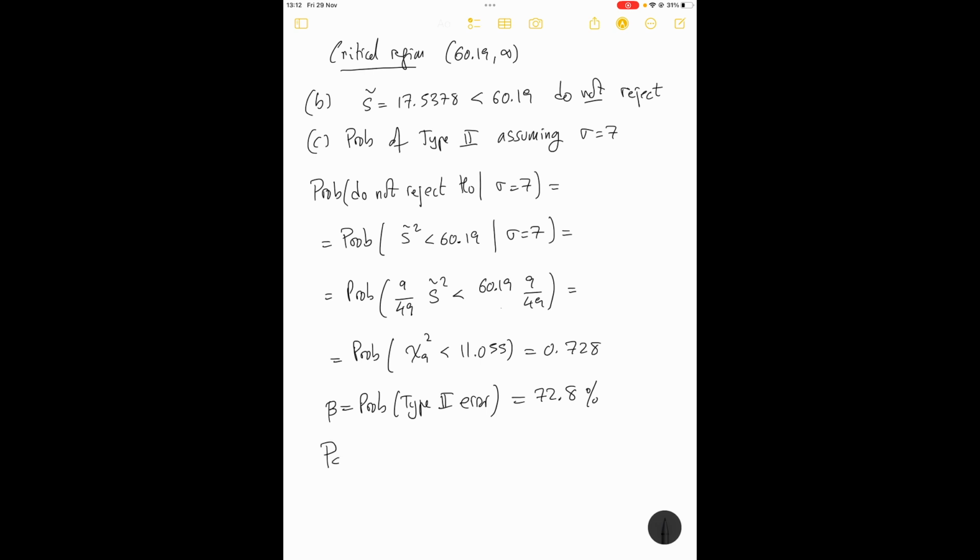The power of the test, which tells whether the test is good at detecting certain things, is equal to 1 minus beta, which is 1 minus 0.728. So that's 0.272 or 27.2%, which is not a very high power.